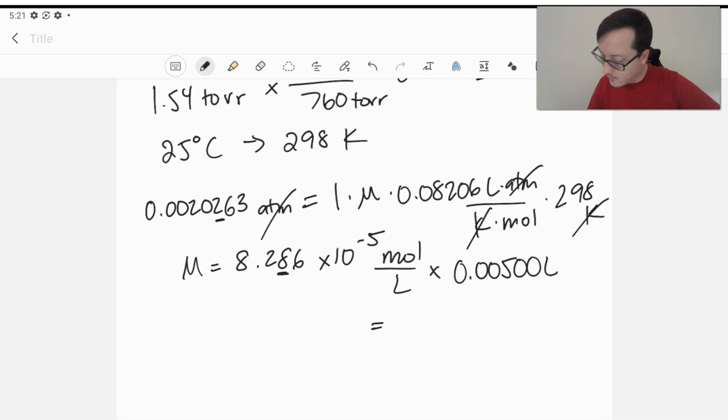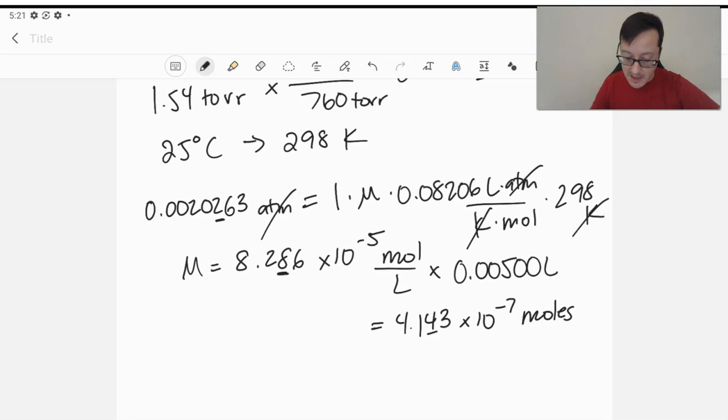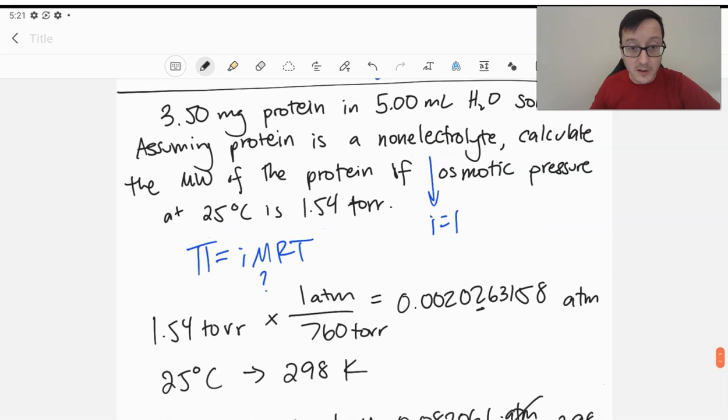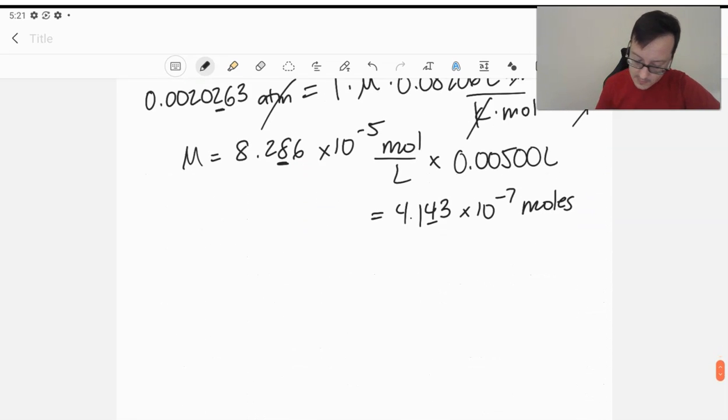Well, that'll be, let's find out, 0.005 times it. We have 4.143 times 10 to the negative 7 moles. We have our original mass, which is 3.5 milligrams.